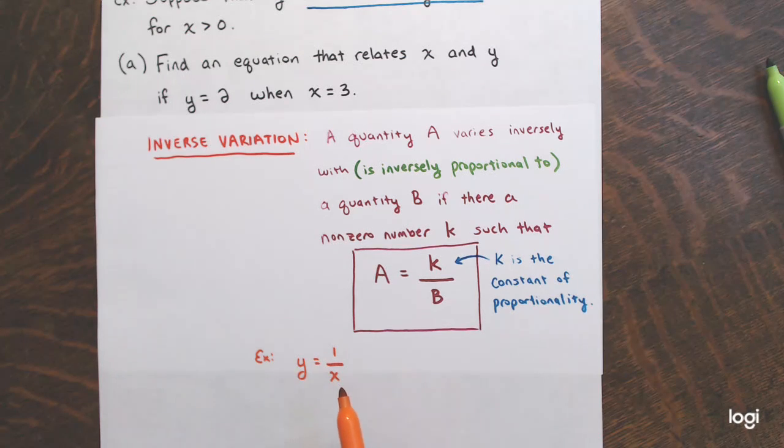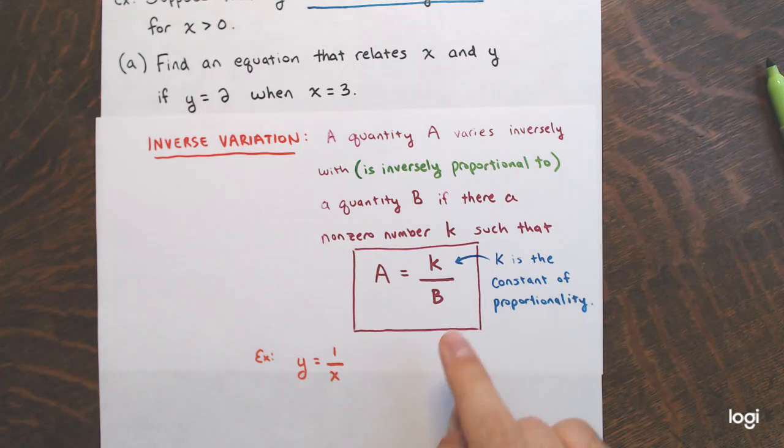There's a reason they call this an inverse relationship or inverse variation. If you recall from my last video, or go searching for another video on it, we talked about direct variation. For direct variation, when the value of K was positive, if one quantity increased, the other increased as well, and if one decreased, the other decreased.